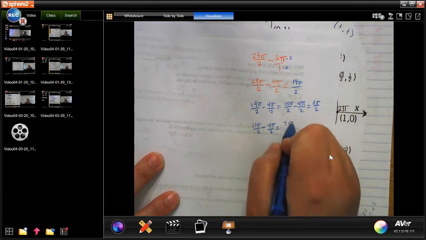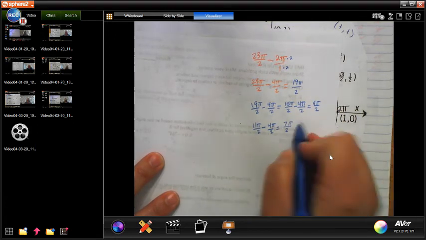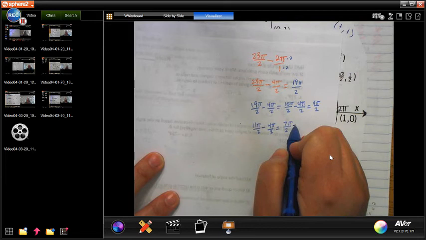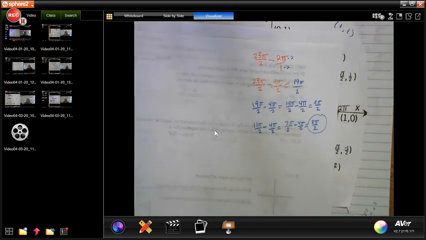So we get 7 pi over 2, still not on the unit circle. Three pi over 2 is on the unit circle.